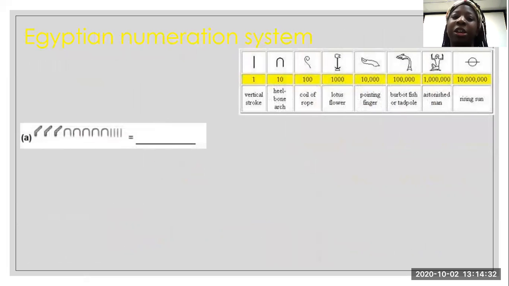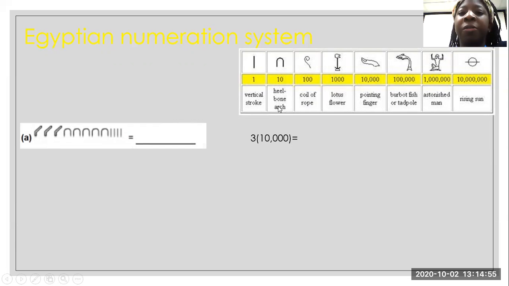Now let's start with Egyptian. We have 3 pointing fingers. This is our pointing finger, which is 10,000. Mine is backwards, but it's the same thing. So we have 3 times 10,000, which will give us 30,000. Next, we have 5 heel bones arch.